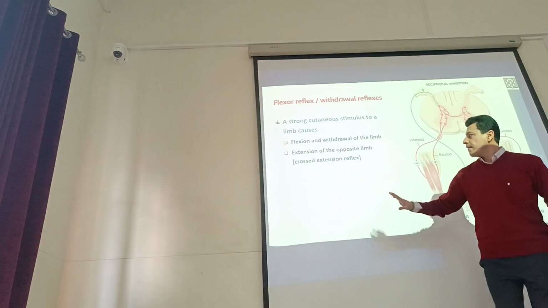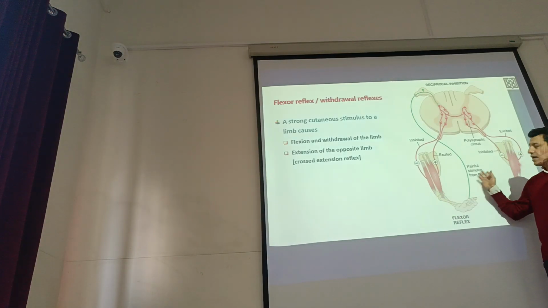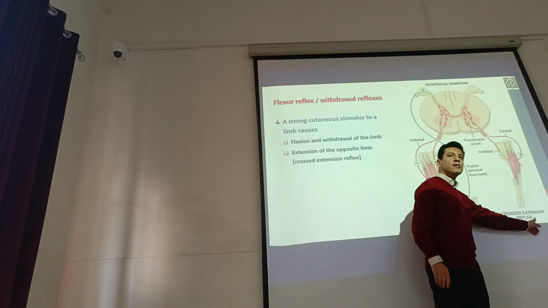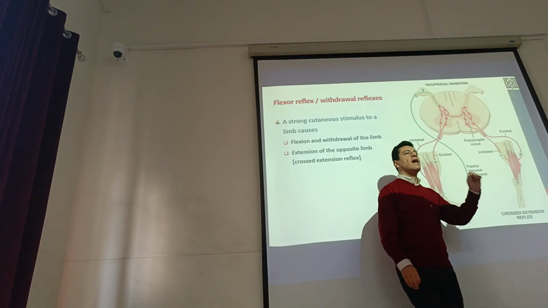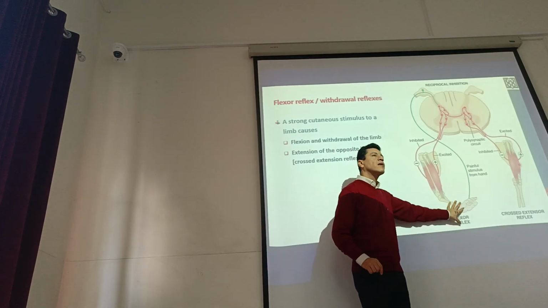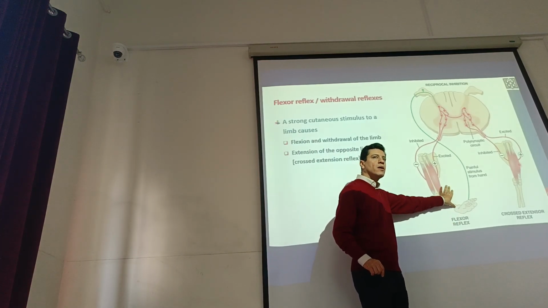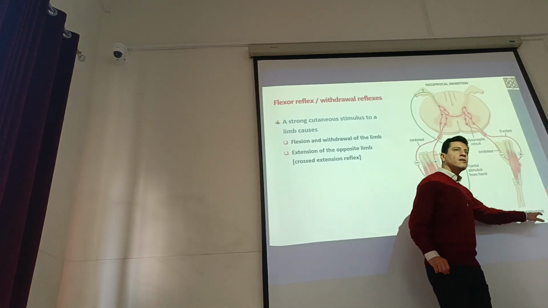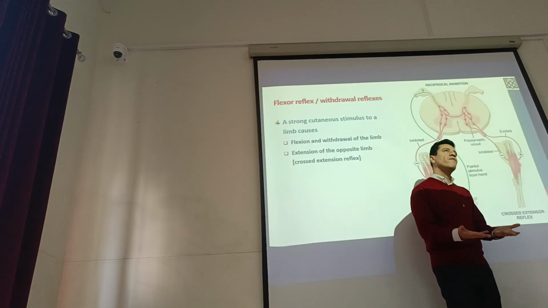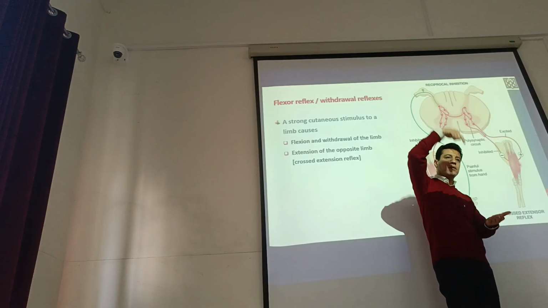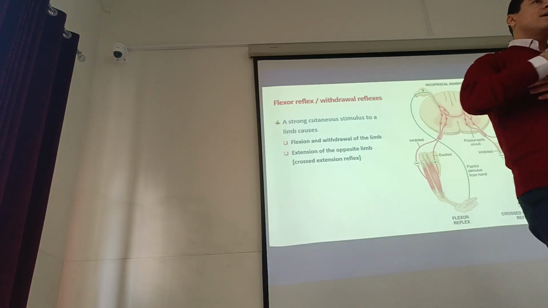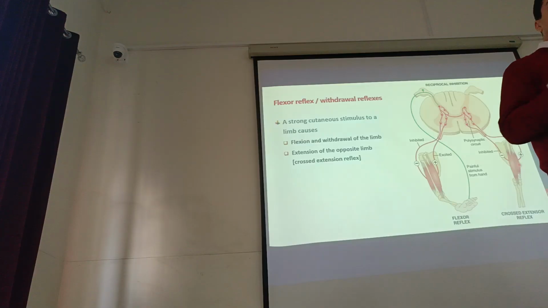So the extension that happens in the opposite leg is called the cross extensor reflex. So after a painful stimulation in the arm, we have a flexor reflex in the same arm, but a cross extensor reflex in the opposite arm, right? At the same time, we have a spread of the signal upward and downward. So maybe the arms, the legs, and also the body are involved in this reflex.